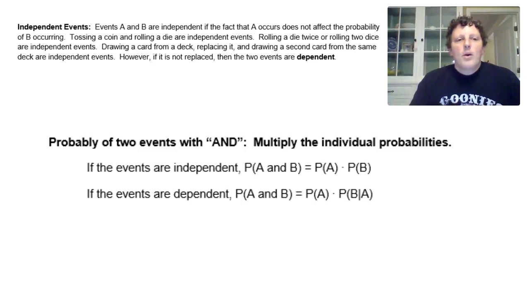When you think about that word and, this happening and then this happening, this is when we're either going to have independent or dependent. It's pretty simple. Independent events, the first probability event has no impact on the second. So you flip a coin and then you roll a die. The coin flip has no impact on the roll of the die. Dependent events, the first probability event does have an influence, does change the second probability event.